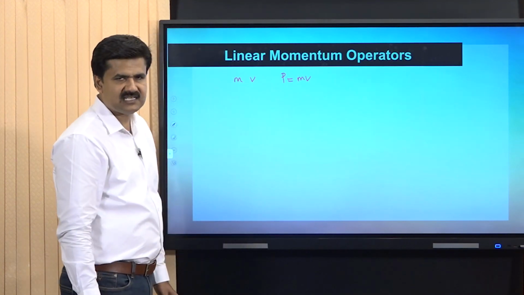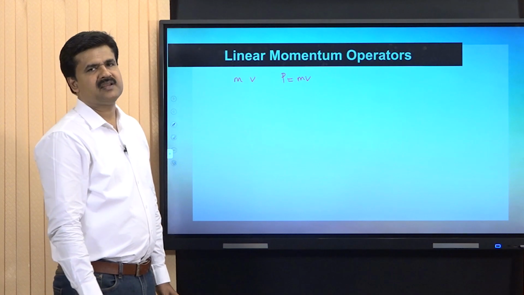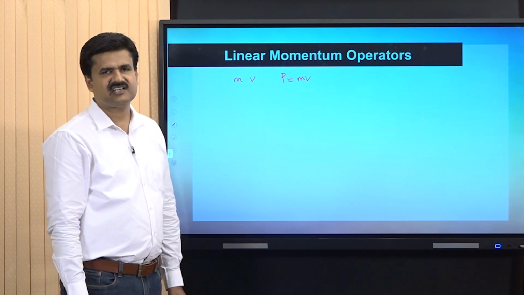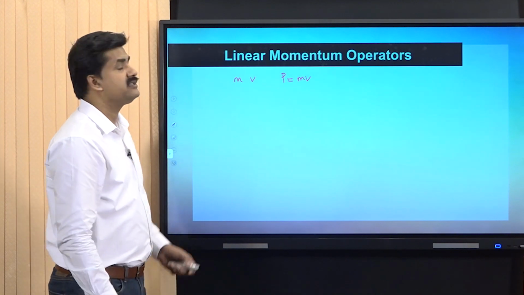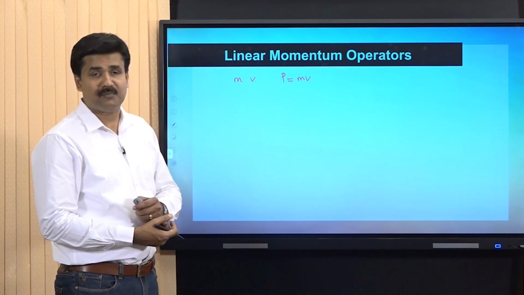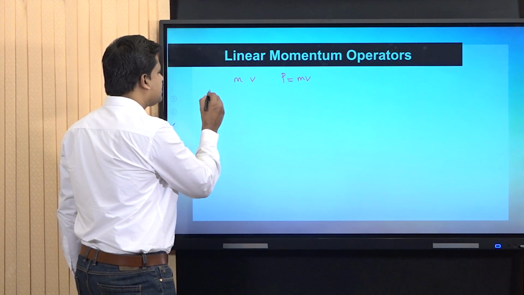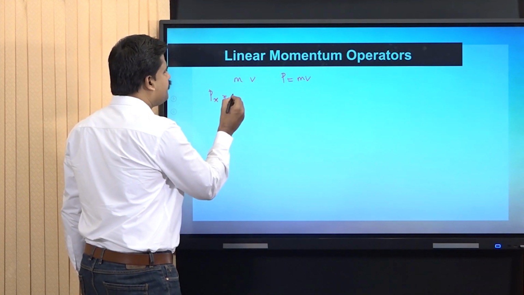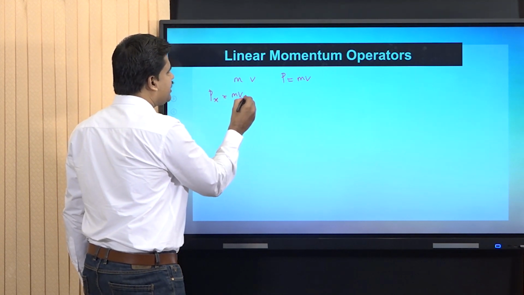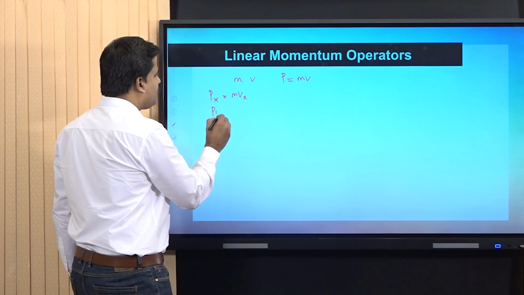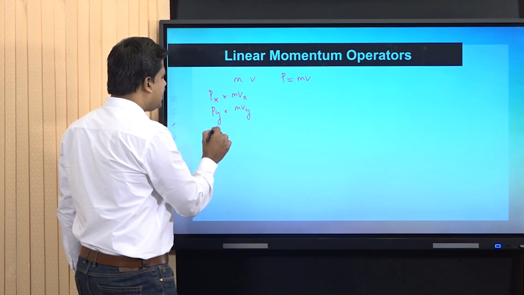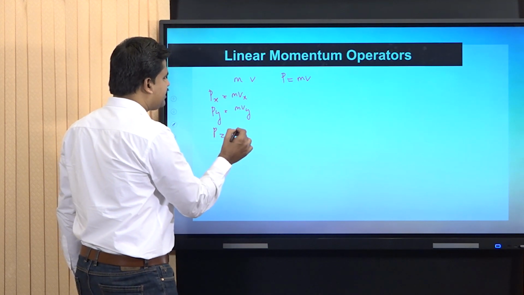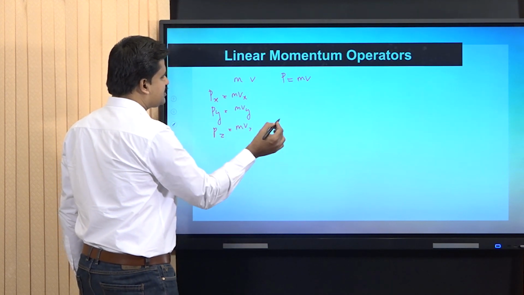It should be noted that momentum can be along x, y or z direction. So there are three linear momentum components: px equal to mvx, py equal to mvy and pz, that is mvz.